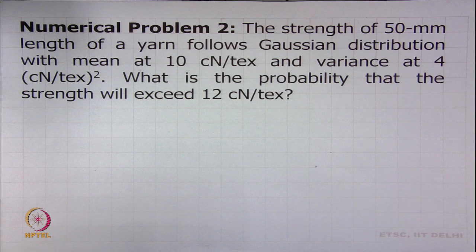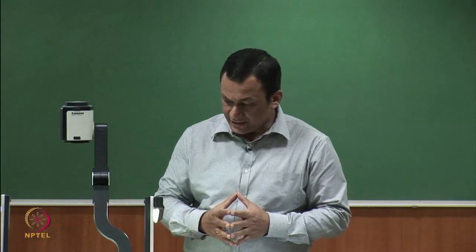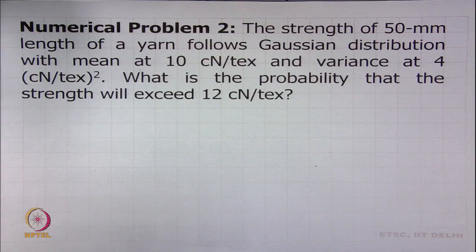What is the probability that the strength will exceed 12 cm per tex? It is basically a problem of Gaussian distribution. This problem is quite interesting. The solution is very easy. Let us solve for this problem.